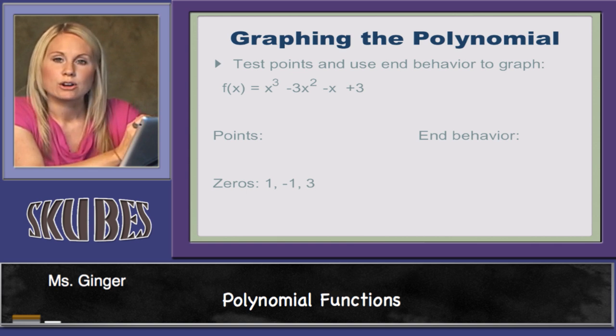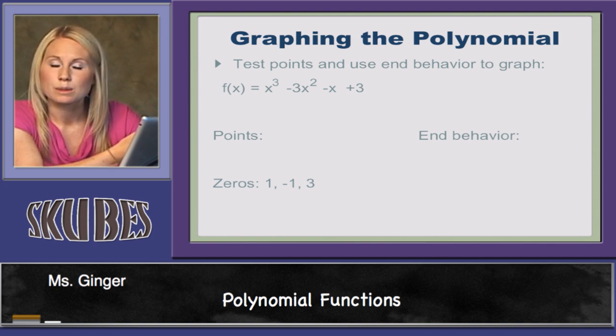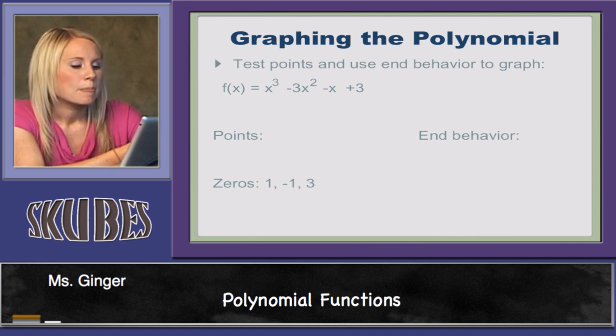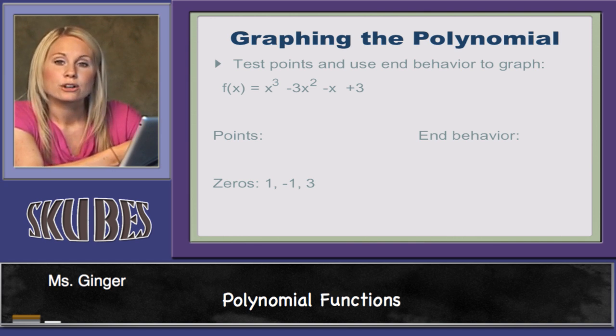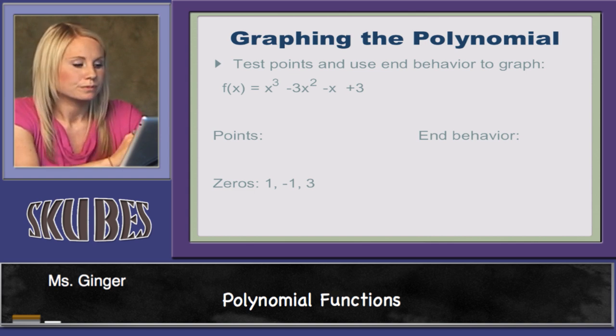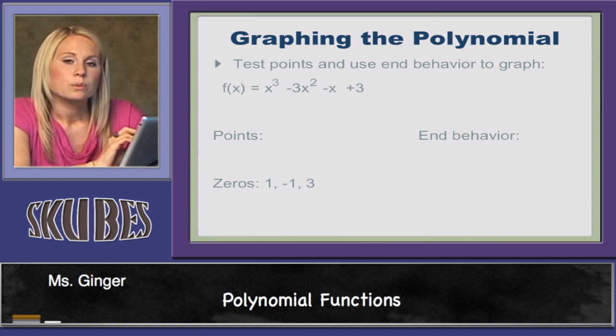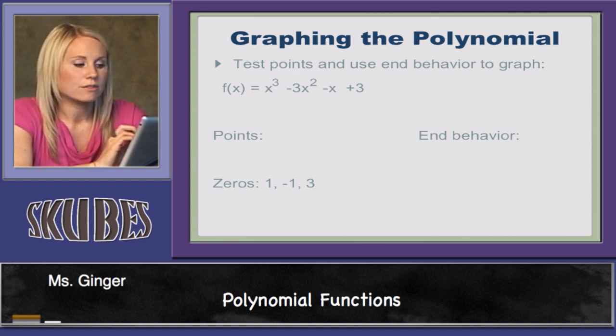To get a really accurate picture, you can always test some x values and find the matching y's. You can test as many as you want to get a clearer picture. But if you can remember the basic characteristics that we've discussed, you can get a pretty good general picture just from those things. So, for instance, we looked at the patterns of end behavior.